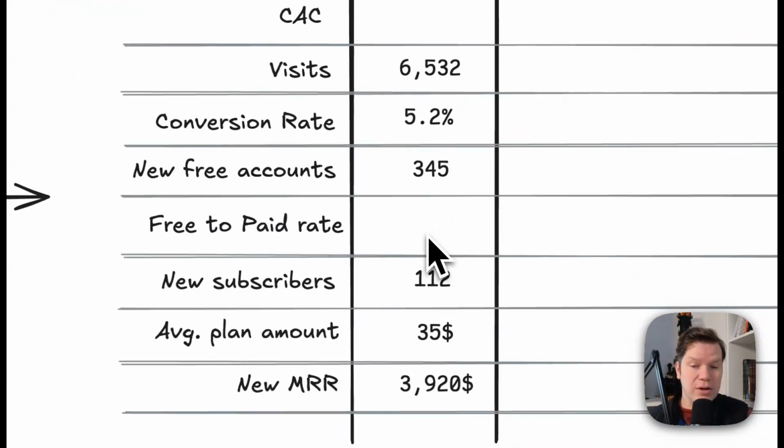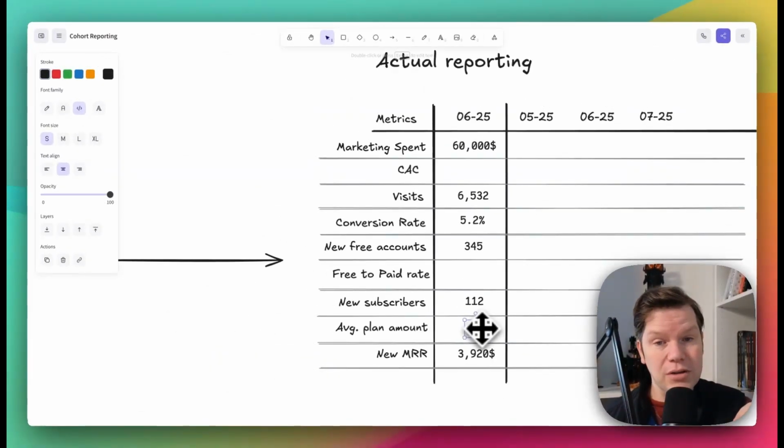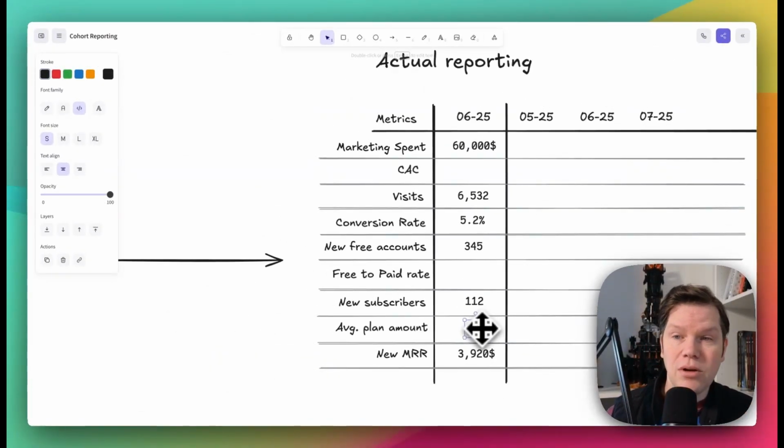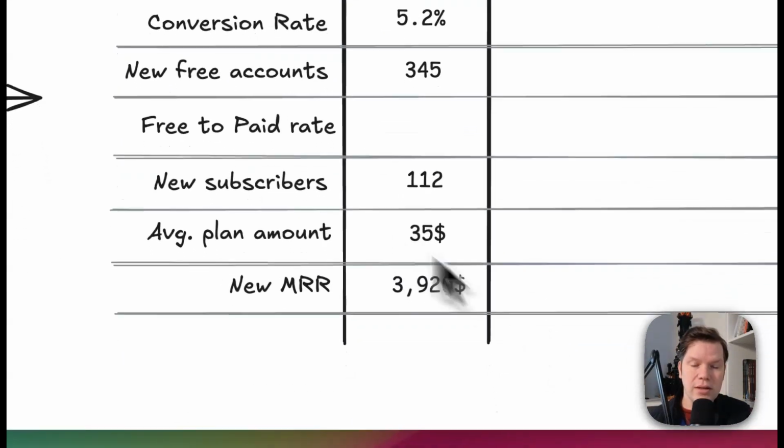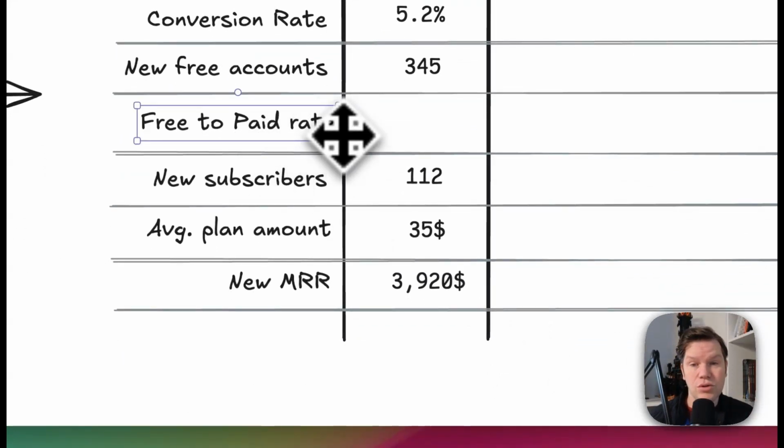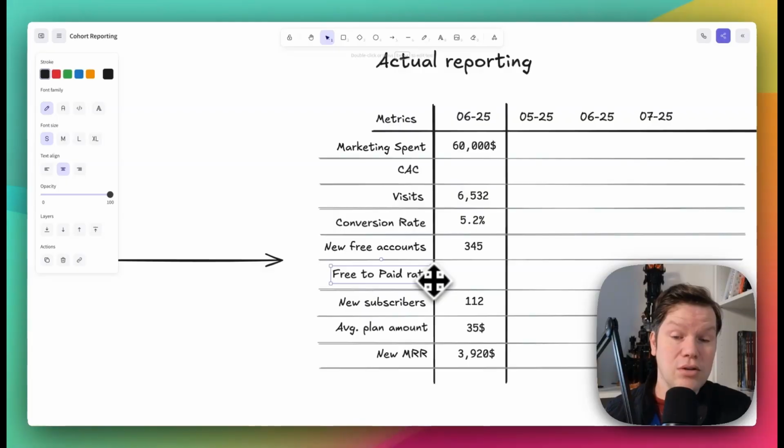But for example, for the free-to-paid conversion rate, you should compare how the performance or cohort-based average plan amount looks and how the actual average plan amount looks. When it's quite close, I would potentially keep it in here because I wouldn't see so much variation in this. But with that, actual reporting works. The only important thing is don't add this, and potentially also don't add this. This one is the most important thing that you should not add in there, because if you would start to optimize on this one, you would make significant mistakes.